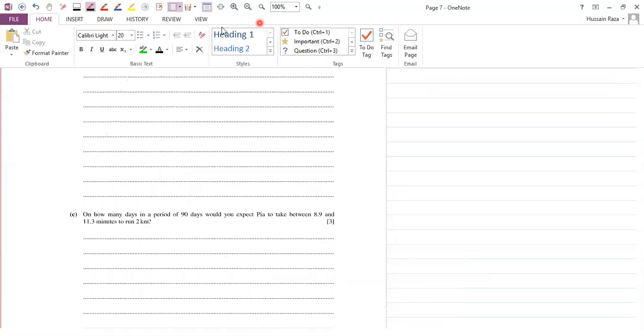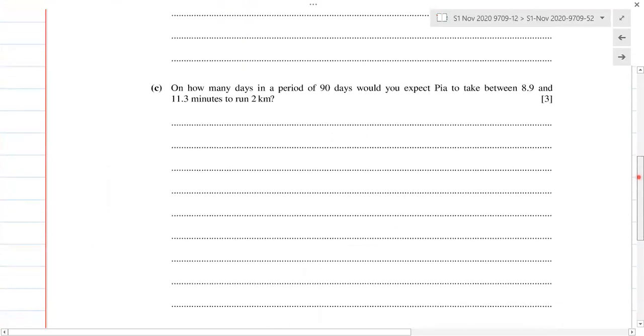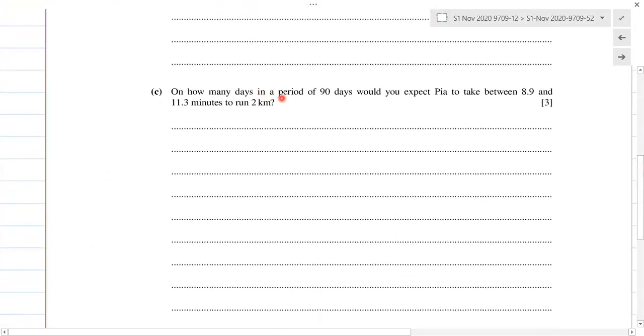Now there's another part to this. On how many days in a period of 90 days would you expect Pia to take between 8.9 and 11.3 minutes to run 2 kilometers? So the number of days we need to find would be the probability multiplied by 90, in a period of 90 days.